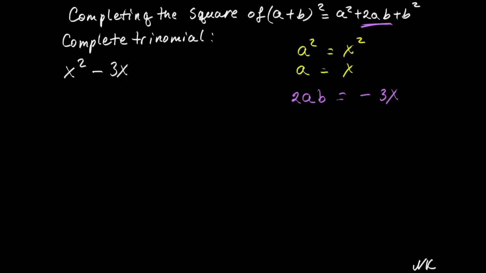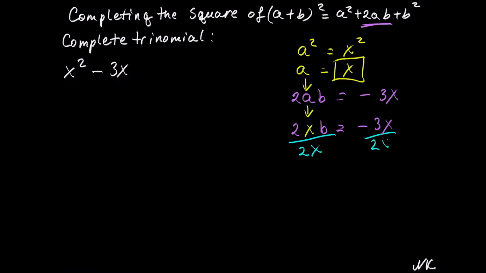From here, we can actually solve for b because we know what a is. A is equal to x, so let's replace a with x, and we get 2x b is equal to negative 3x. We can solve this for b now. B is being multiplied by 2x. To solve for b, the inverse of multiplying by 2x is to divide by 2x.